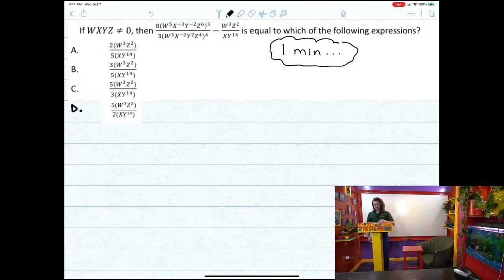Okay, so let's look at this problem. First of all, if w times x times y times z is not equal to 0, that's a really convoluted or tricky way of saying that neither w, x, y, nor z is allowed to be equal to 0 in the context of this problem.